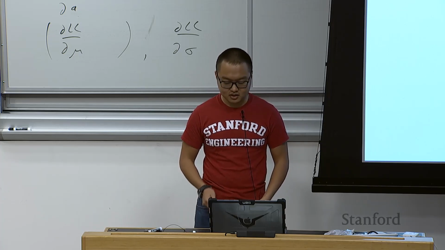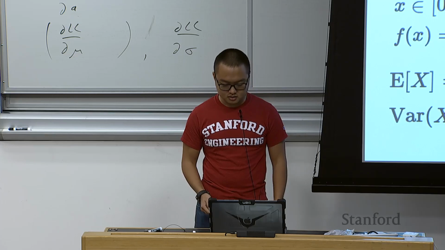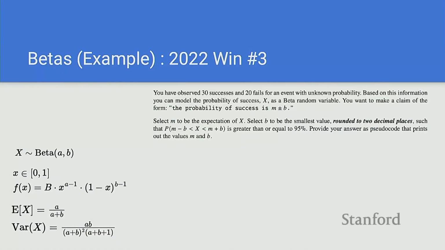You could just write that and say, just execute this in a loop. Okay, here's an example about how to use betas and how to do pseudocode. Let's say that we have observed some 30 successes and 20 failures for an event with unknown probability. Based on this information, we can model the probability of success x as a beta random variable.